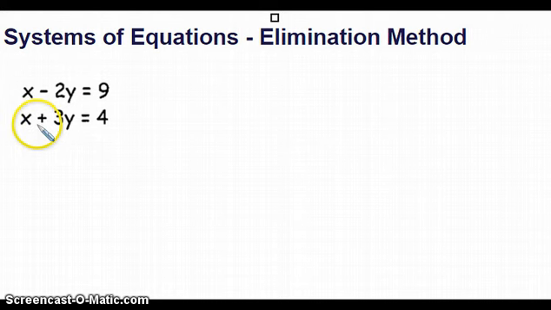We need one extra step here so that we have a positive and a negative that will cancel out. We certainly could do it to the first or the second, but let's do it to the second one. It's going to change the sign of each of these terms.